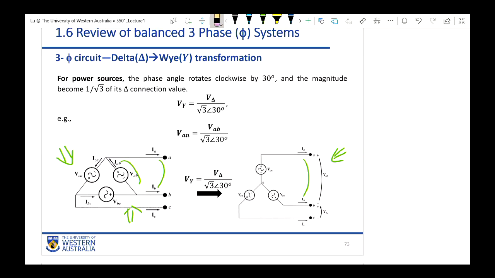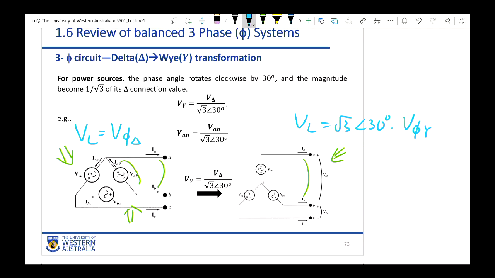For the delta connection, on the left-hand side circuit, the phase voltage must be equal to the line voltage, right? And for the Y pattern on the right, the line voltage will be equal to square root 3 with angle 30 degrees times the phase voltage.